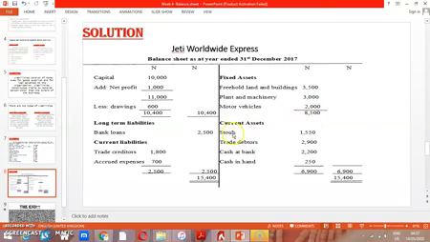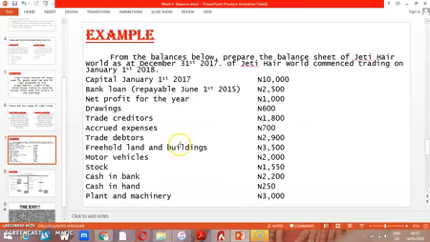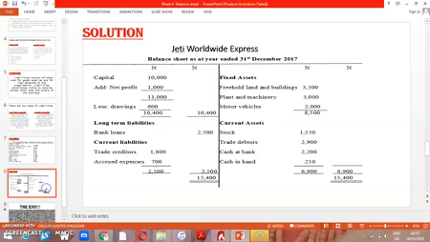Now current assets, you have your stock, trade debtor, cash at bank, cash in hand. In our question, these figures have been given. Our stock is 1,550 naira. So you outline them and add them all up.